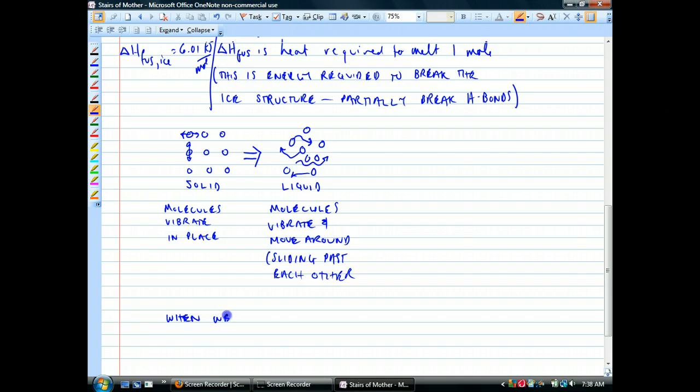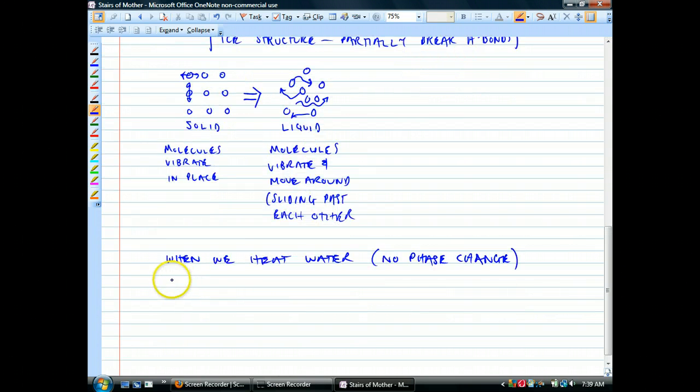When we heat water, and I'm going to say here where there's no phase change, so we're not changing it from one phase or one state of matter into another, what's happening is the particles are simply speeding up.